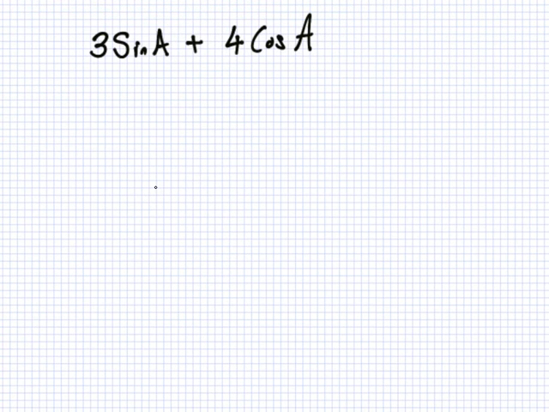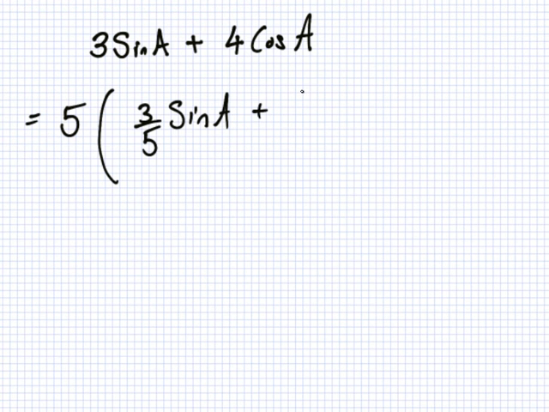What you do first is you square this, and square root it, and you get 5. Okay? So the first thing to do is you take out a 5, and you're left with 3/5 sine A plus 4/5 cos A. Okay, and now we'll just do a little bit of a rearranging here.